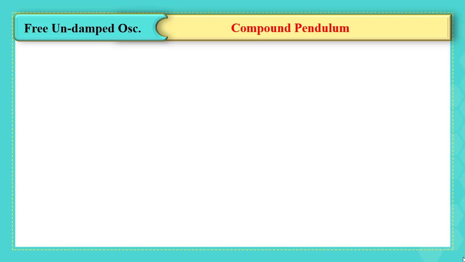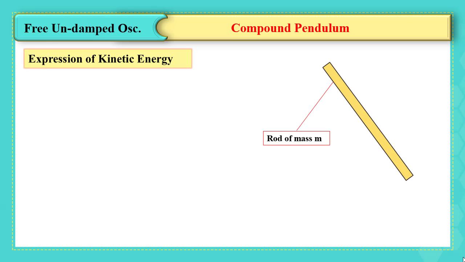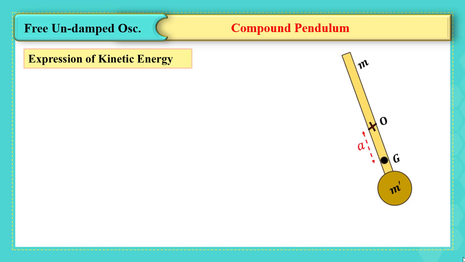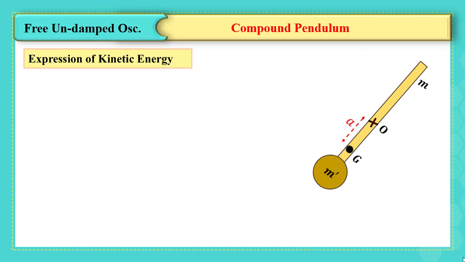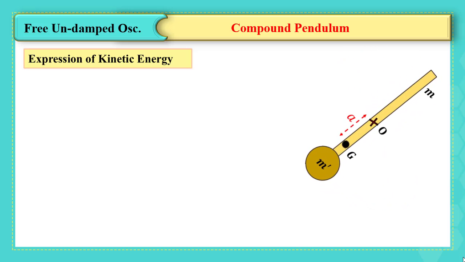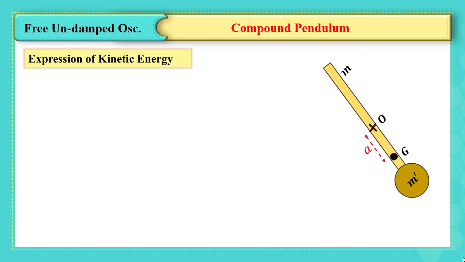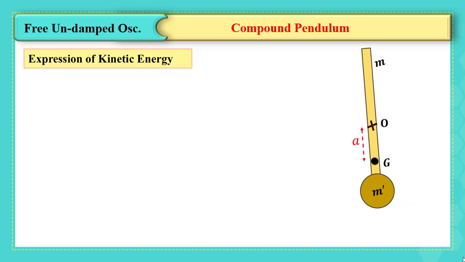To study the motion of this compound pendulum, we consider a pendulum formed of a rod of mass m and a particle of mass m prime. This pendulum has a center of gravity G, which is at a distance a from the fixed axis of rotation passing through O. In the vertical plane, the pendulum is shifted by a small angle and then released without initial speed.